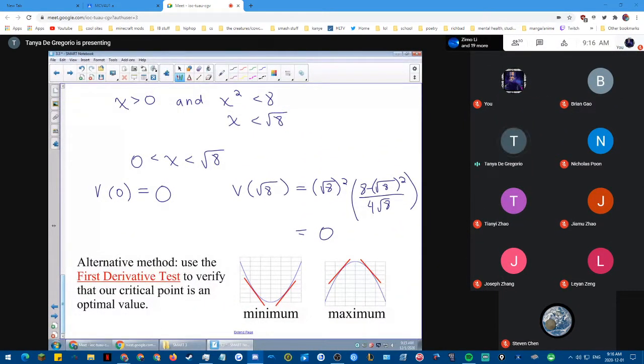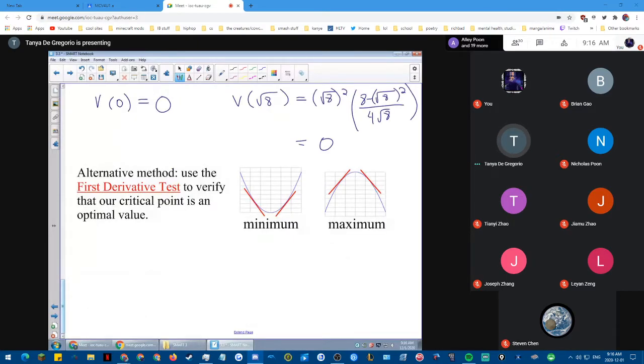Okay? All right, alternative method. You guys are going to learn this, but I guess I'll show it to you now just as a little preview. An alternative method is to use what we call the first derivative test to verify that our critical point is an optimal value.